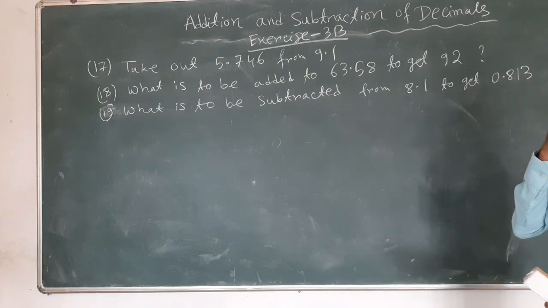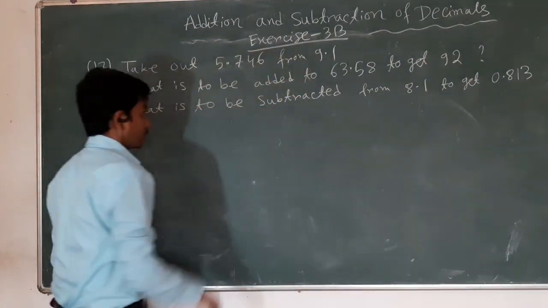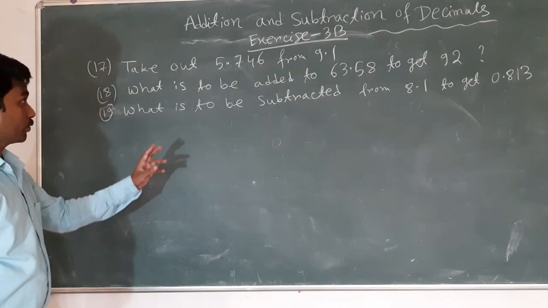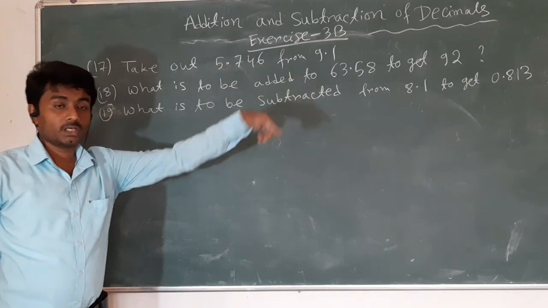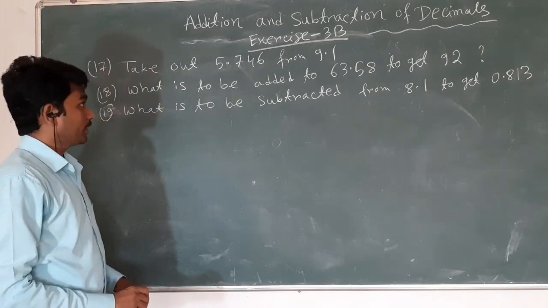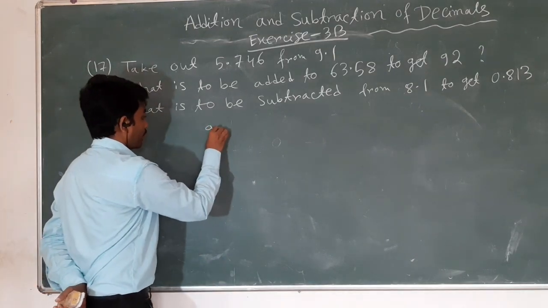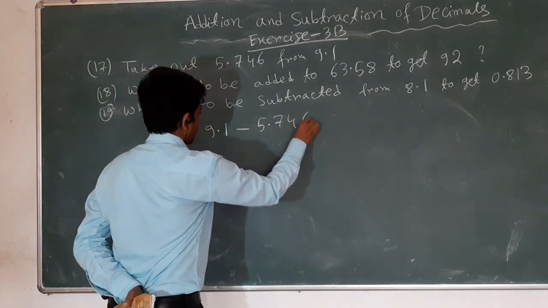Now we solve the question which is given in exercise 3. Question number 17. Take out 5.746 from 9.1. That means we have to subtract 5.746 from 9.1. So in this case, the result will be 9.1 minus 5.746.